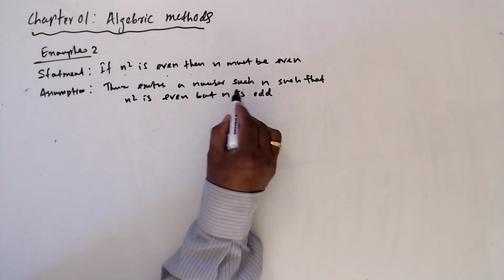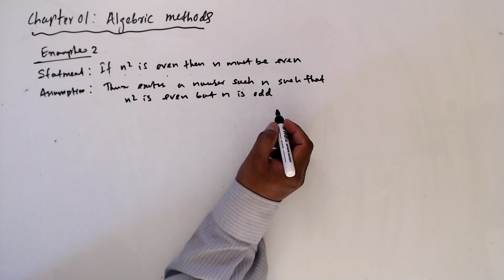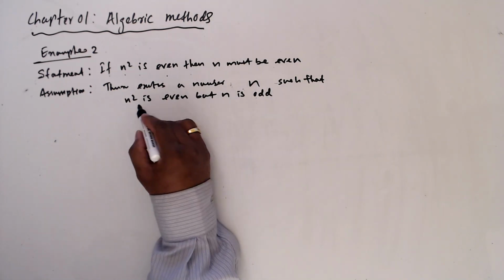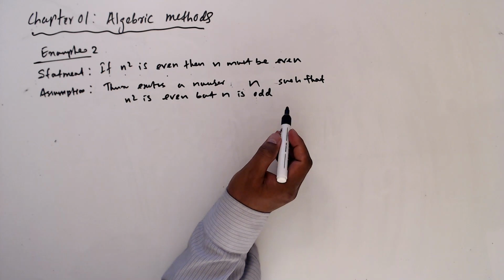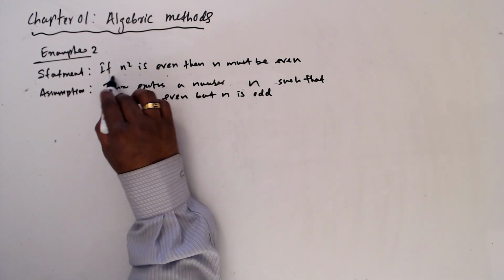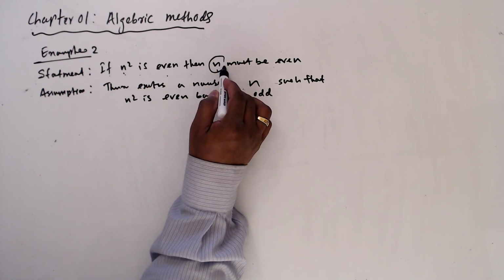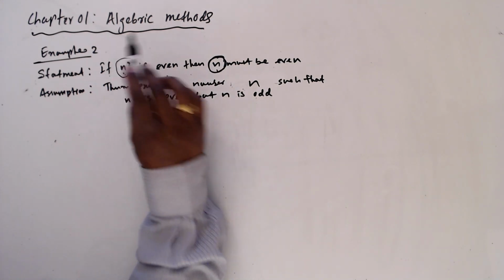There exists a number n such that n square is even, but n is odd. So in here, are we worrying about n square or n? We are worrying about n. We are going to tell something about n by looking at n square.